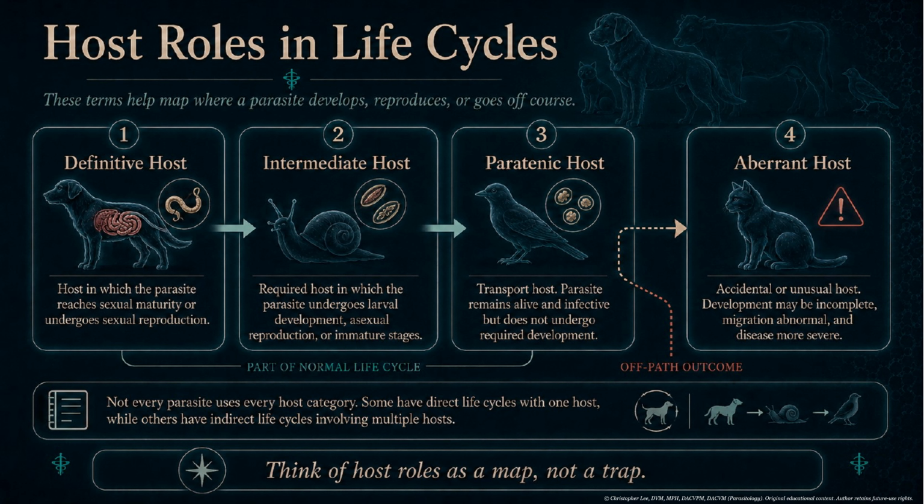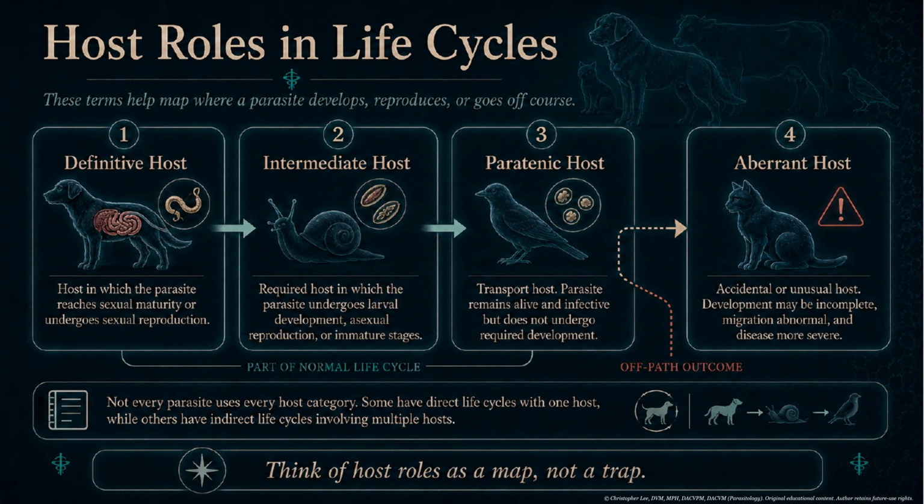The parasite remains alive and infective, but does not undergo required development. An aberrant host is an unusual or accidental host. In these hosts, the parasite is not where it's supposed to be. Development may become incomplete, migration may become abnormal, and disease may be more severe.